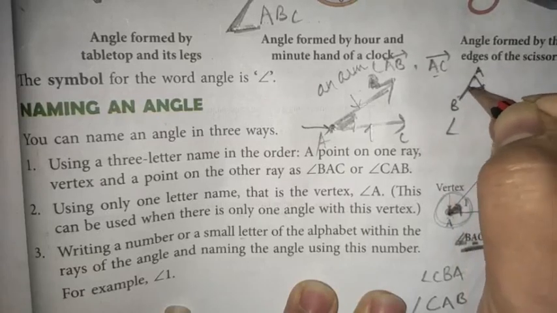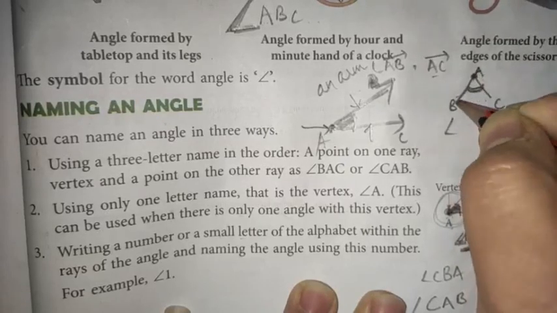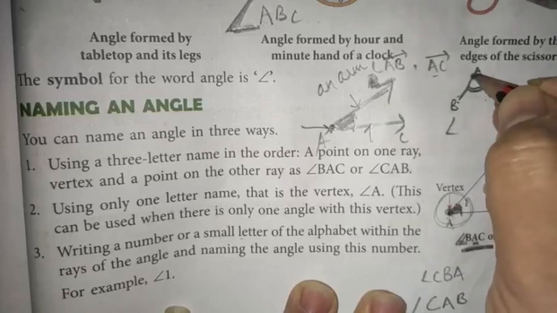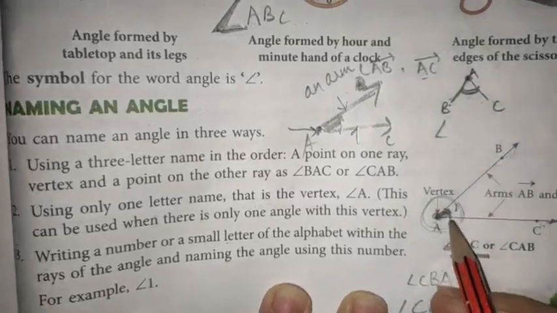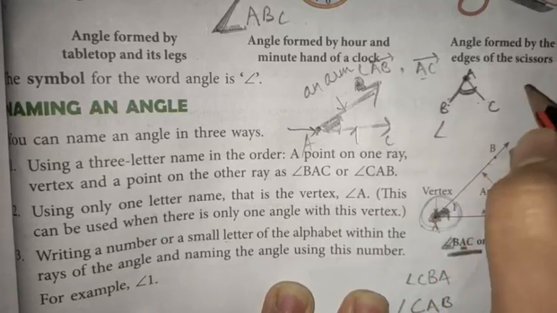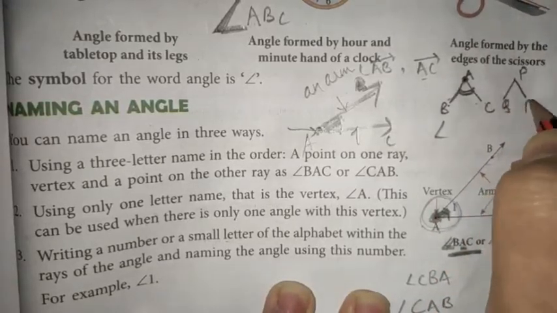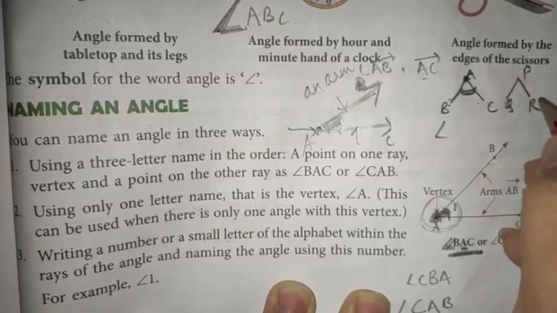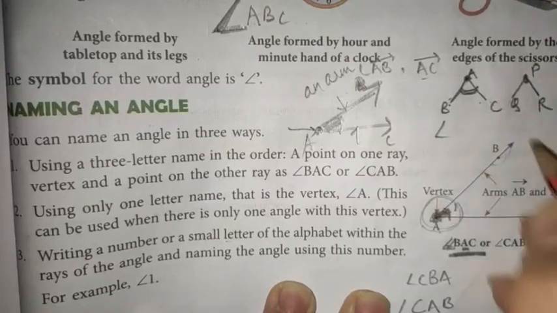This is not the vertex. You have only one vertex in an angle, and that is this position. If you are making PQR, QPR, then P is the vertex. And what are the arms?